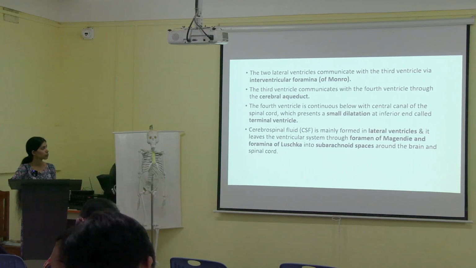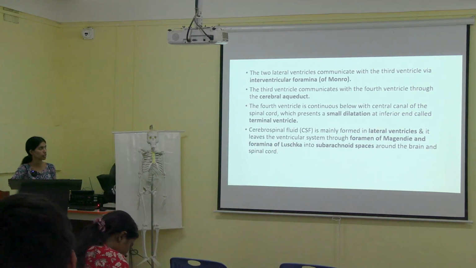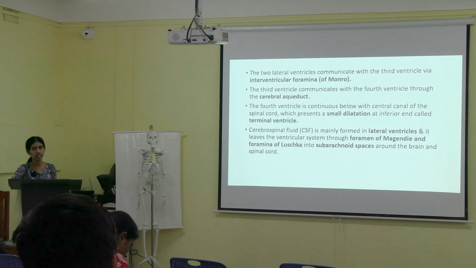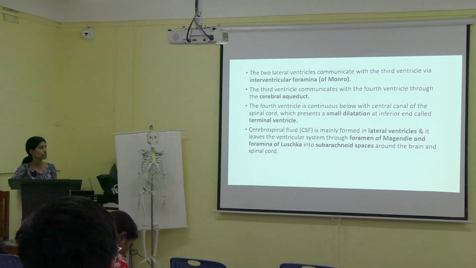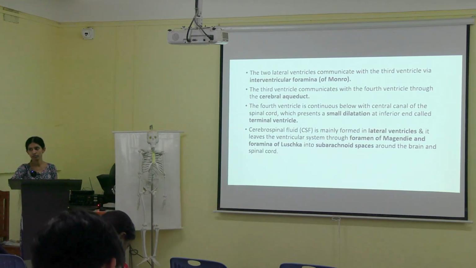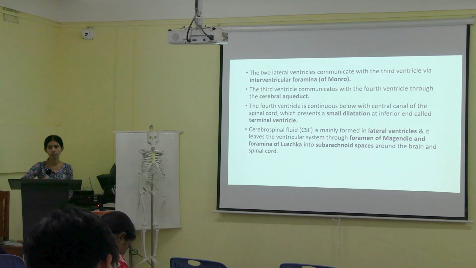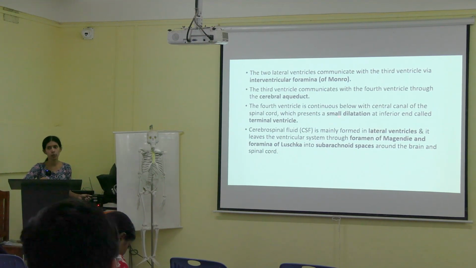The cerebrospinal fluid is mainly formed in the lateral ventricle, and it leaves the ventricular system through the foramen of Magendie and foramen of Luschka into the subarachnoid space around the brain and spinal cord. Any doubts? These foramens are important for your MCQ questions.